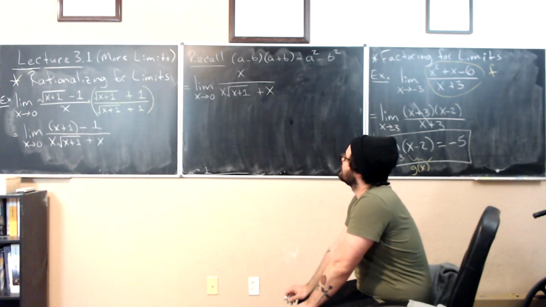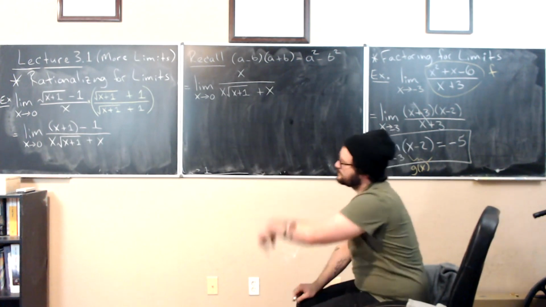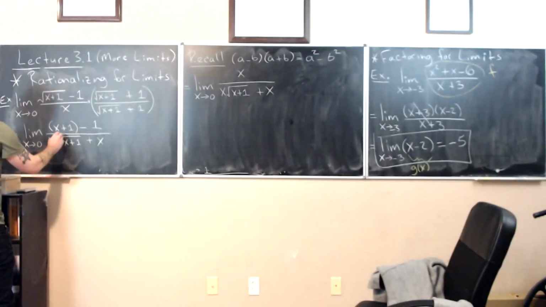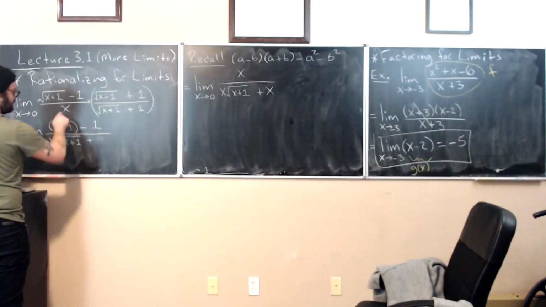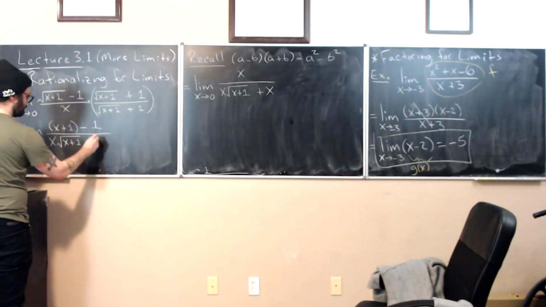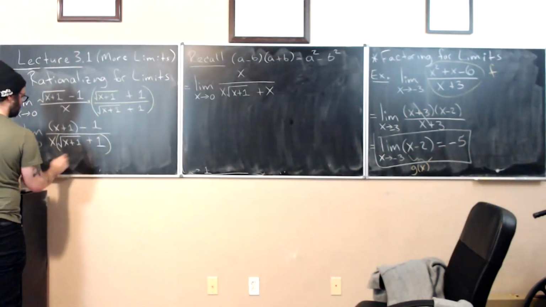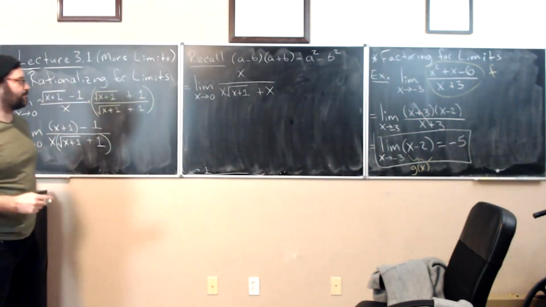However, I should have left it without multiplying it, right? And you'll see why in a moment. So instead of distributing the x inside, I could have just written it like this, without distribution.